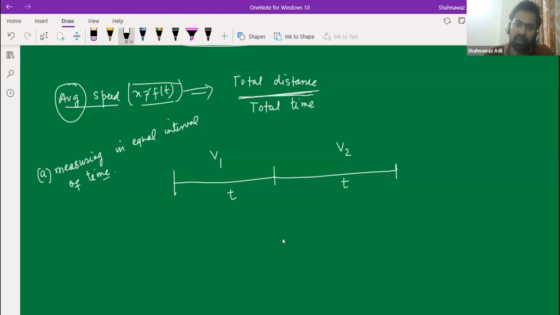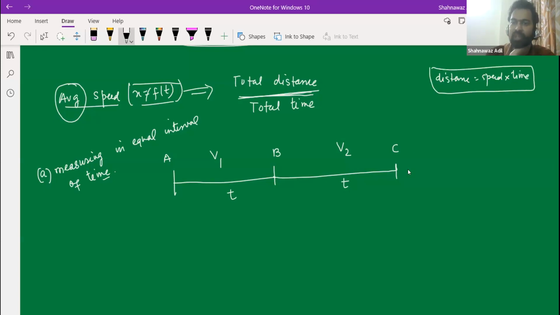Let's say these are points A, B, and C. Can you tell me, for this AB journey, what is the distance? V1 is the speed, and time is T. We know that distance is speed into time.